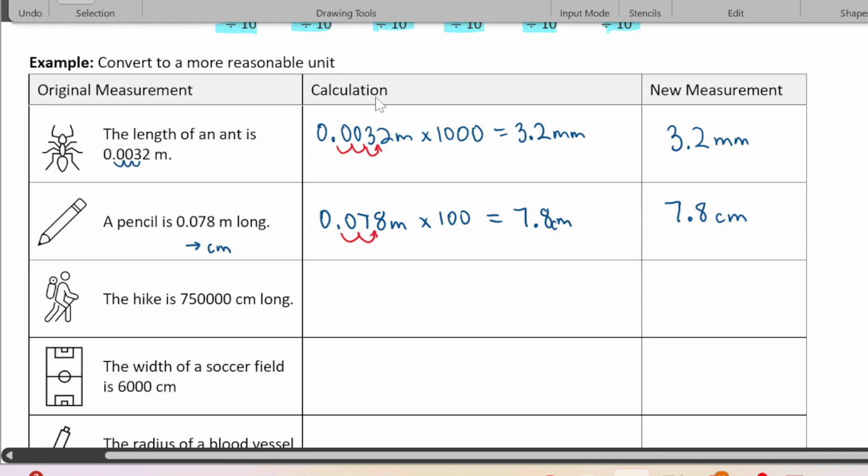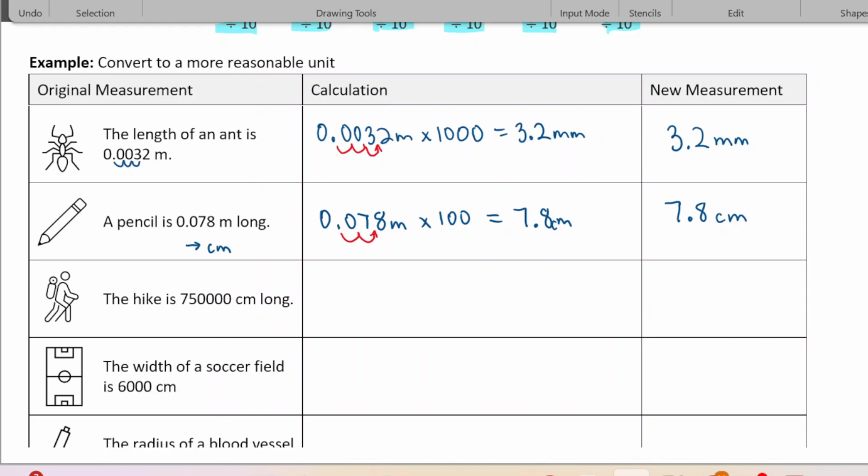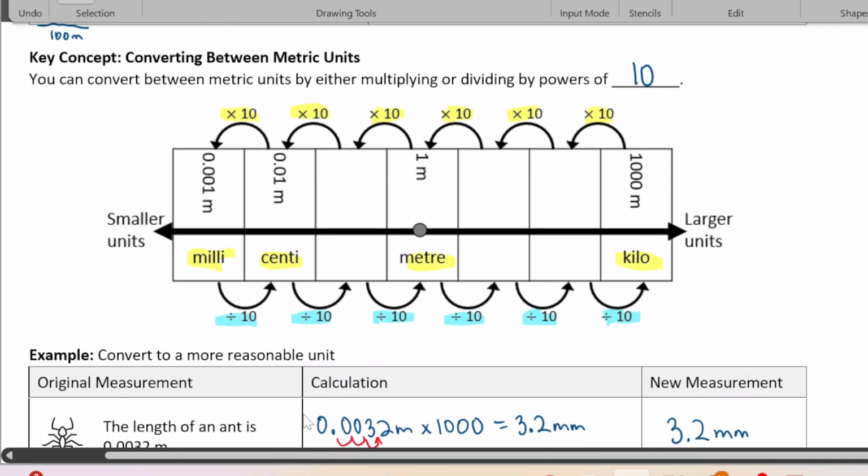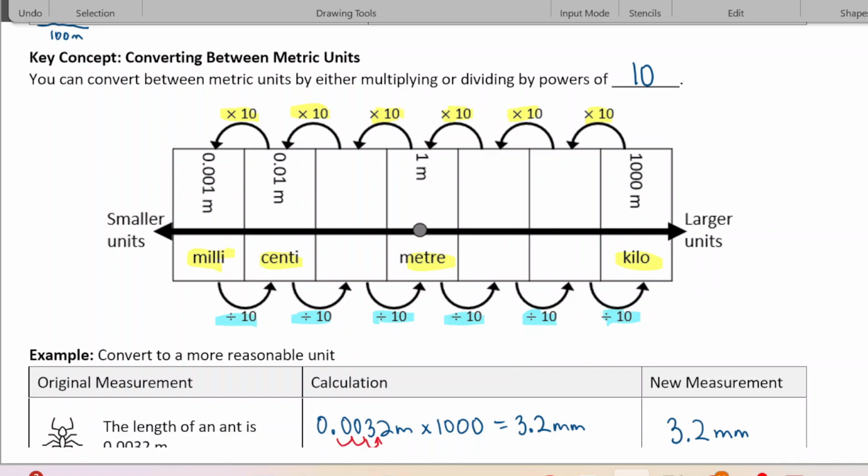You would use centimeters. Okay, let's go the opposite direction now. This sounds kind of silly, right? A hike is 750,000 centimeters long. You would never say that. You would probably measure a hike in kilometers. So let's look at our chart here. To get from centimeters to kilometers, I'm going to have to divide by 10 1, 2, 3, 4, 5 times.